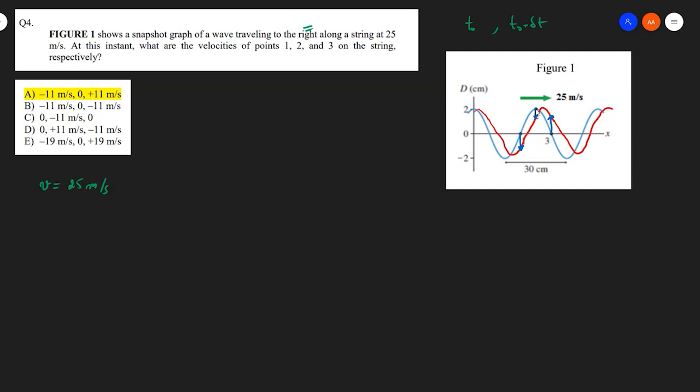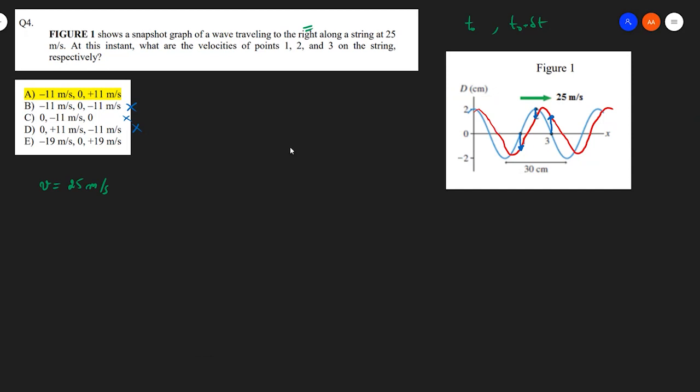So this one is 0 because we are at the maximum. 1 is negative, and 3 is positive. If I look at the choices, negative, 0, positive. I have this one, negative, 0, negative. This one, no, because we know the velocities here are maximum. This one, no. This one also is possible. So I need to choose between the two, negative, 0, positive.